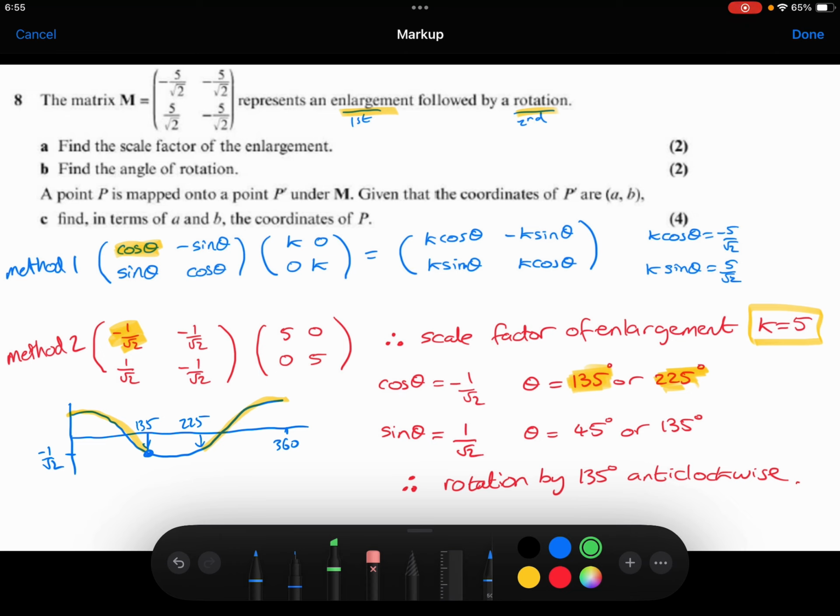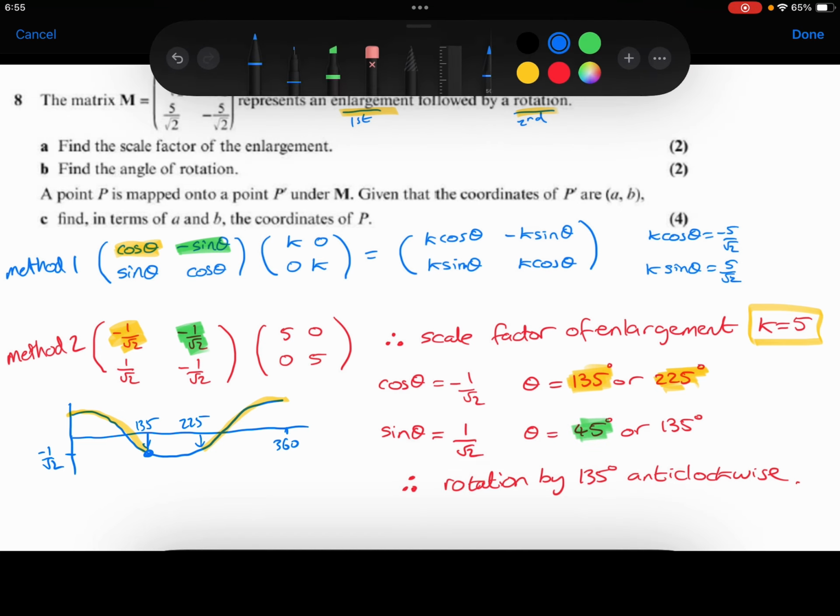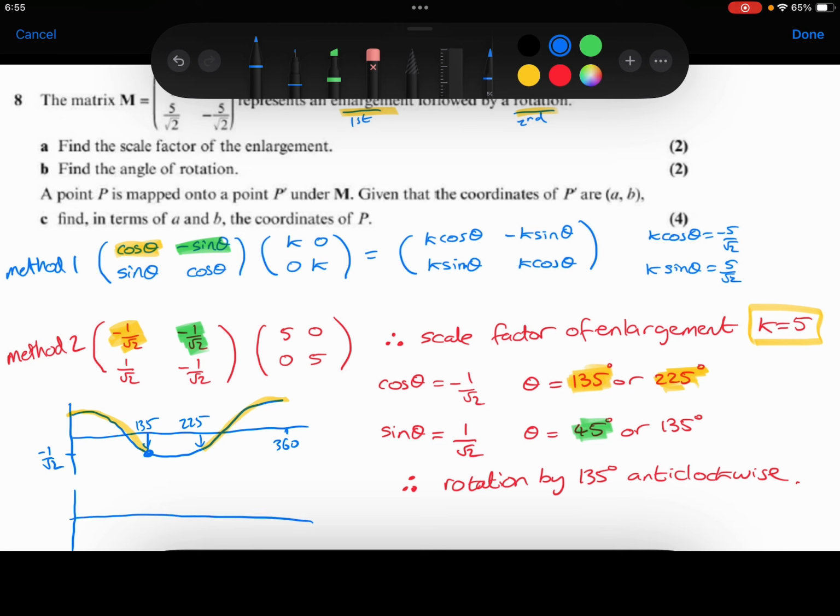I'm then going to compare with the sine thetas. The sine theta has to equal 1 over root 2. So when I do sine inverse of that, I get 45. And then again, just draw a quick sine graph to find the other value. Here's my sine graph. When does it equal positive 1 over root 2? We've got the 45 degrees there, where this is 45.